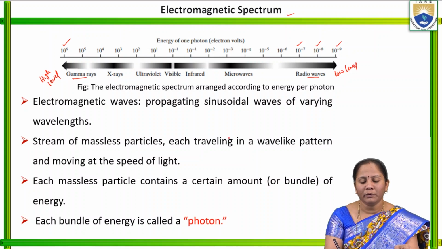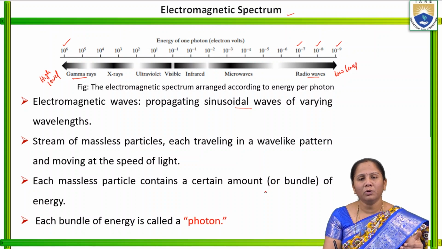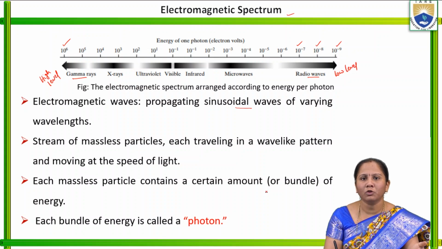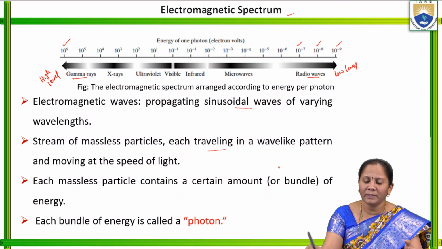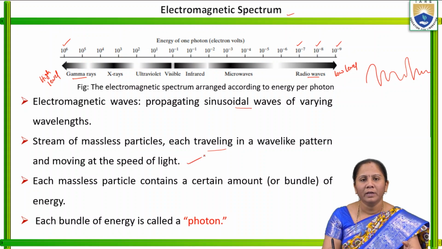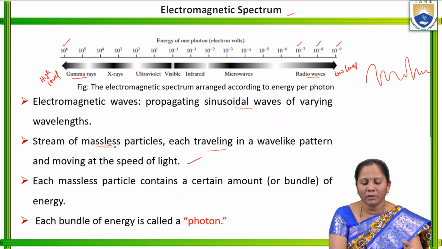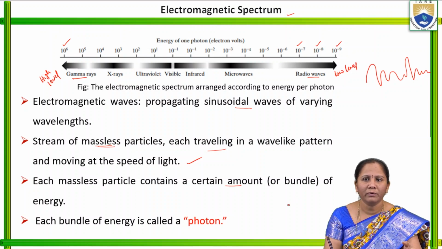Electromagnetic waves are propagating sinusoidal waves of varying wavelength. Or we can also represent electromagnetic waves as a stream of massless particles, each traveling in a wave-like pattern and moving at the speed of light. Massless particles contain a certain amount of energy, which we can also call a bundle.